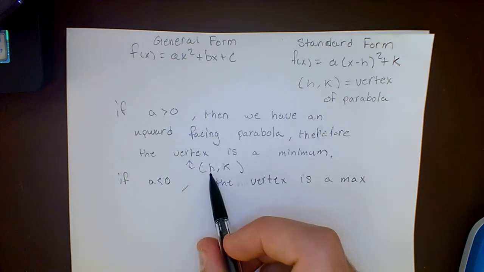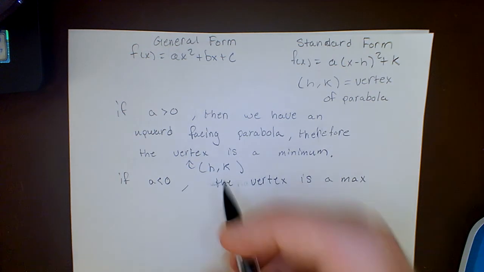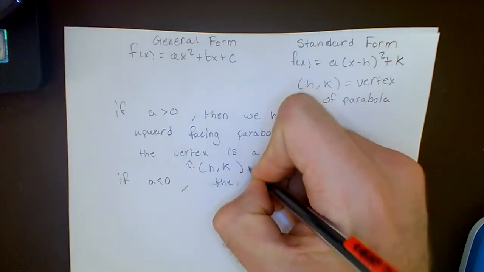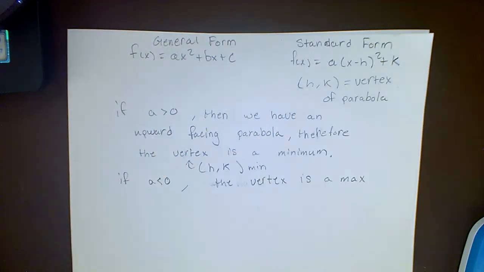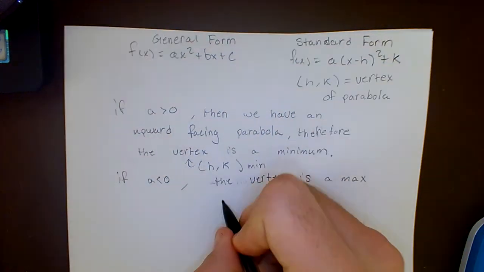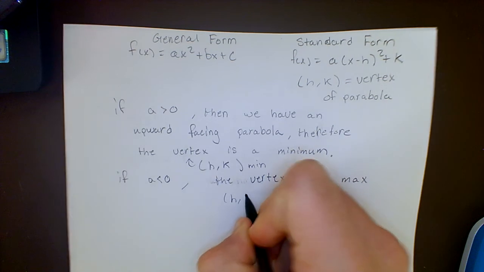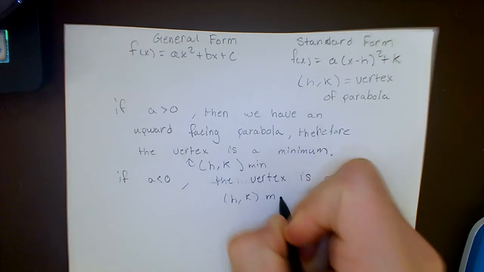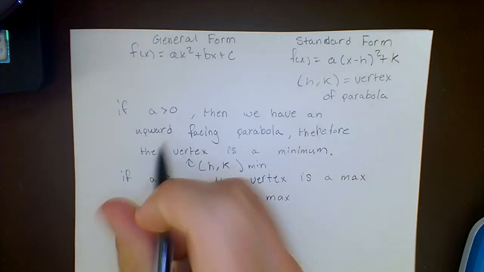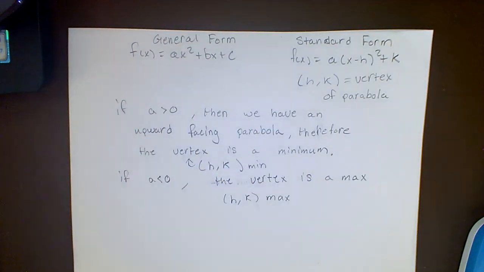So if you plug in h, you get the minimum value k, and here it's the opposite. It's the opposite here. h, k would be a max. So it all depends on what sign of a you have.